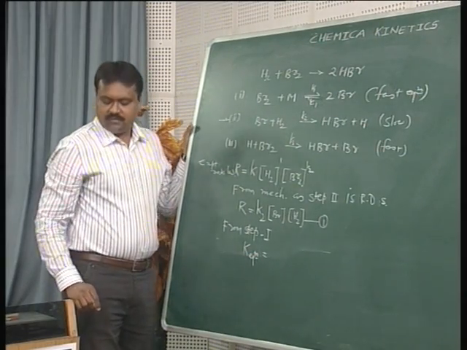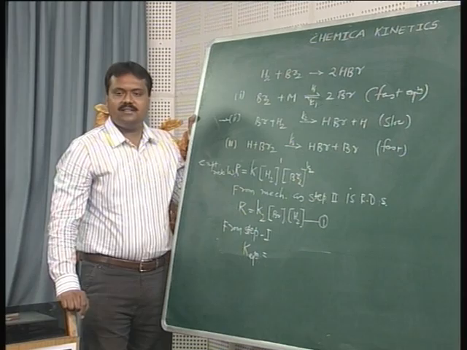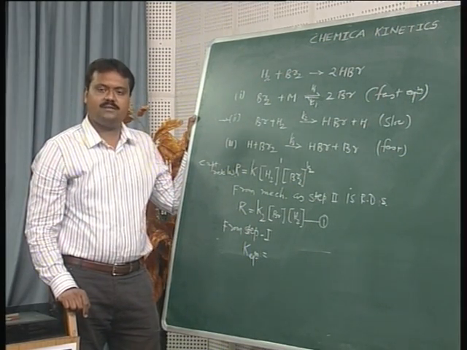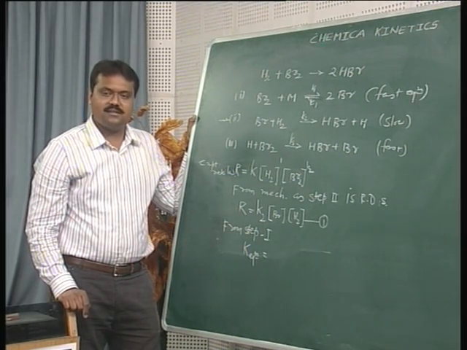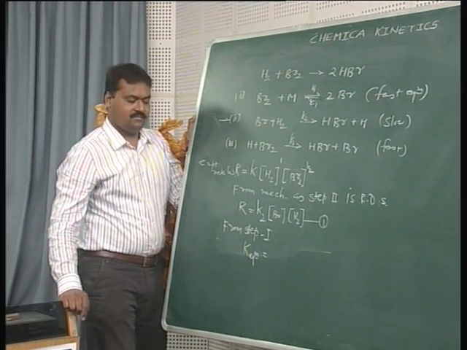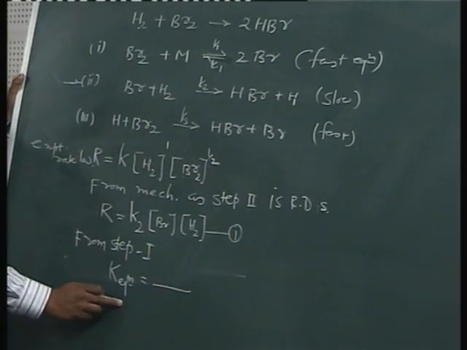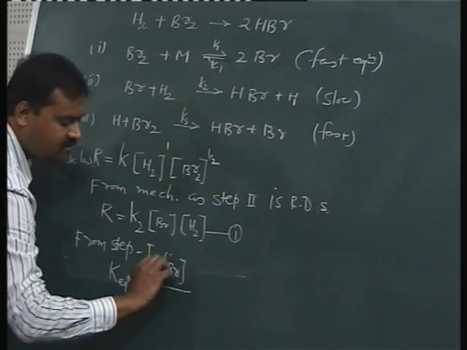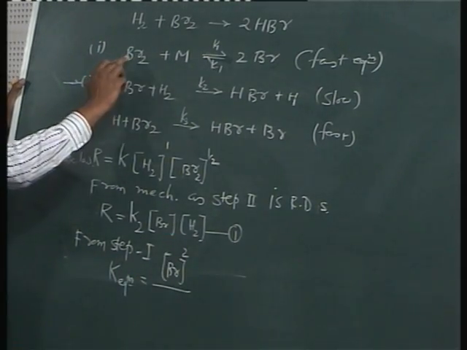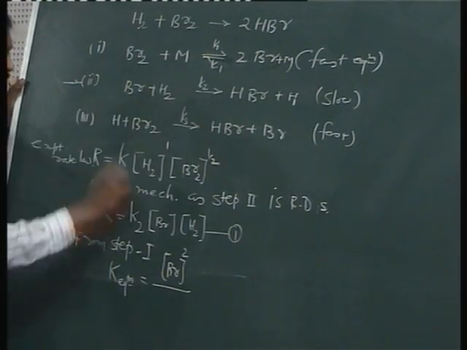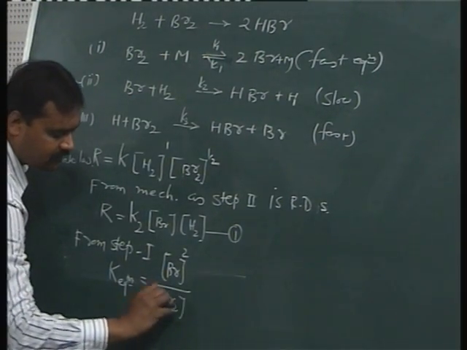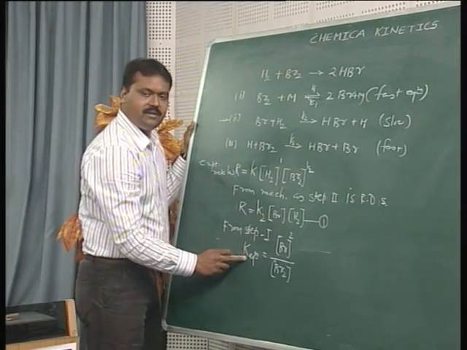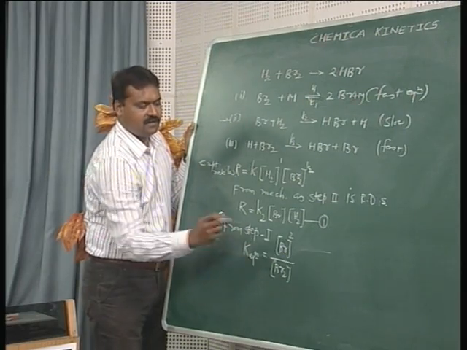Now we know that the equilibrium constant of any reaction is the ratio of the concentration of product to that of the reactant when the reaction reaches equilibrium, and therefore we can write K equilibrium is the concentration of product, that is Br square, by Br2. So K equilibrium is Br square by Br2.